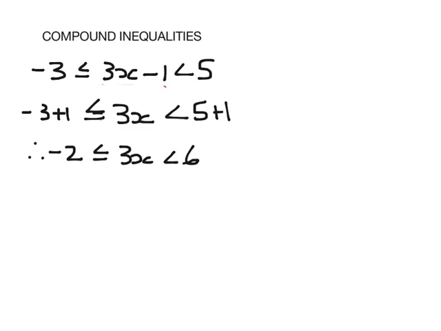At this point, again, we want to have x by itself. So Danielle, what we're going to do now to get x by itself? Yes, you're going to divide each term by 3.